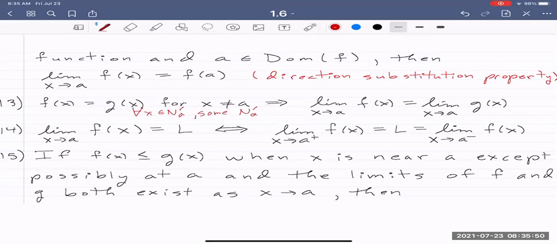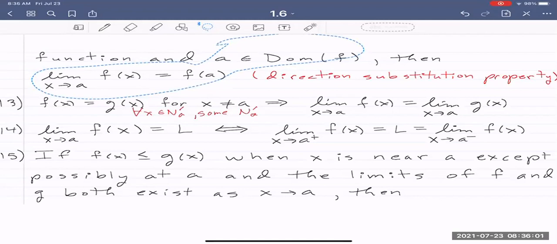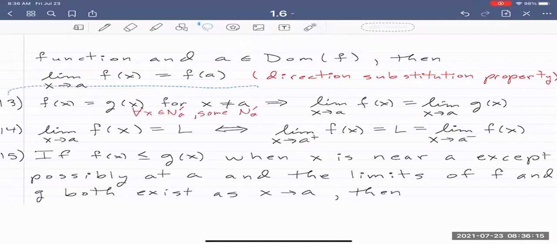And so as a consequence of this, we now have a technique. If a is in the domain of your function, then the way that you find the limit as x approaches a of f of x is you just plug in a. You find it's just equal to f of a. Otherwise, simplify.